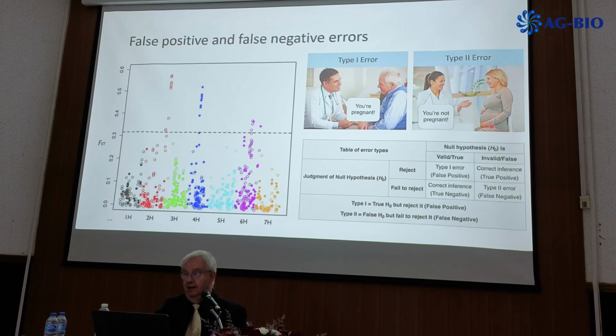And if this young lady comes to the doctor and the doctor says you are not pregnant, then you probably have a severe problem, but most likely this doctor has a type 2 error, false positive. True positive, and a false. So you see here that the false positive and false negative errors are very important to judge later if these peaks, but also these peaks and these peaks, do they represent true QTLs in your analysis?